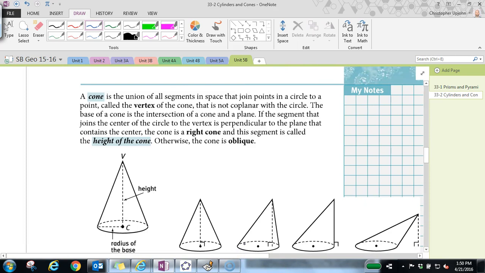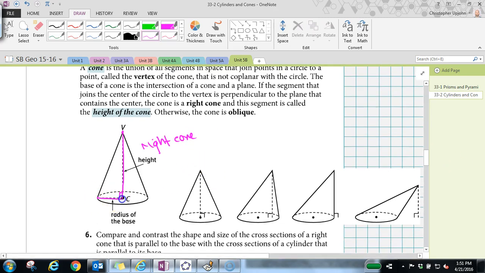Now a cone is basically the same thing as a cylinder, but instead of a base on one of the sides, we have a vertex. We still have our axis, and if it's perpendicular and it goes through the center, it is a right cone.